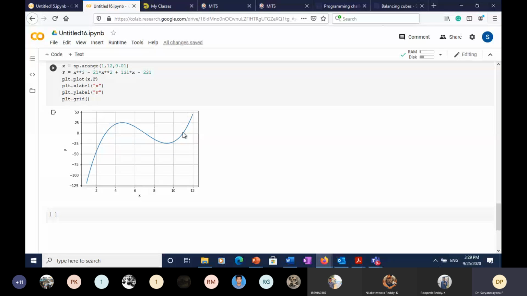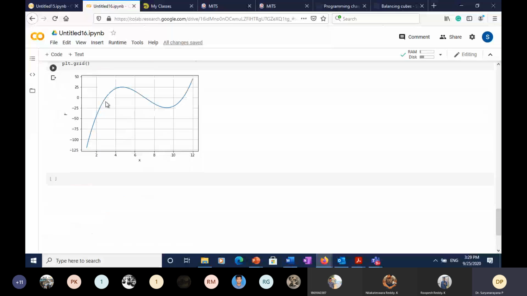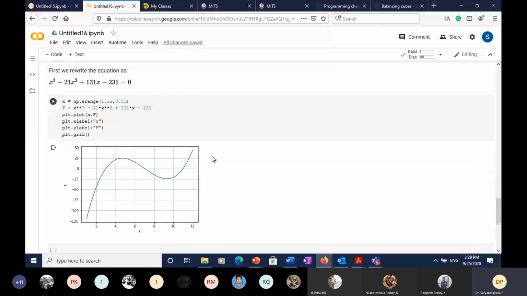In this case, I know exactly what those roots are because, of course, I made up that equation such that the roots are 3, 7, and 11.